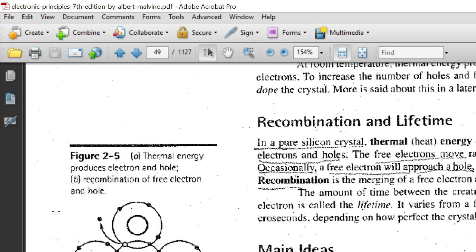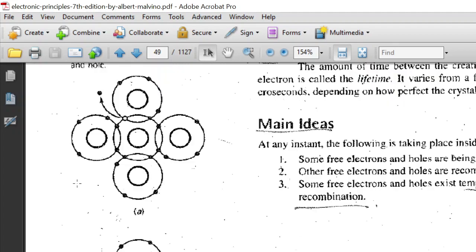You see here in this picture, sometimes due to vibration and so on, this electron can escape from the valence shell. So this electron is not associated with any atom right now. So this electron is a free electron, and here a hole is created, and this hole can attract one electron from an adjacent atom.